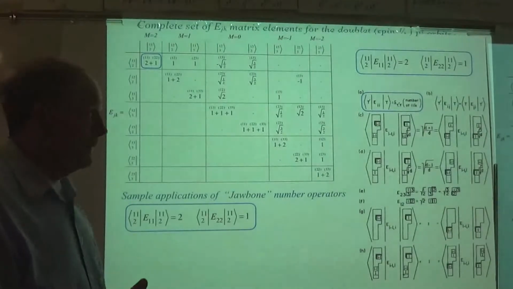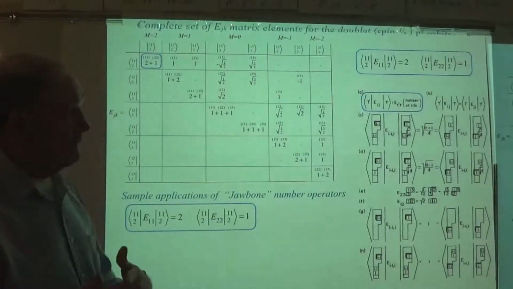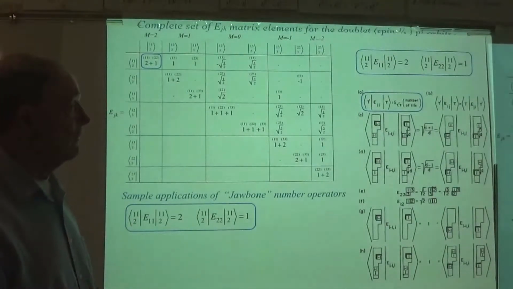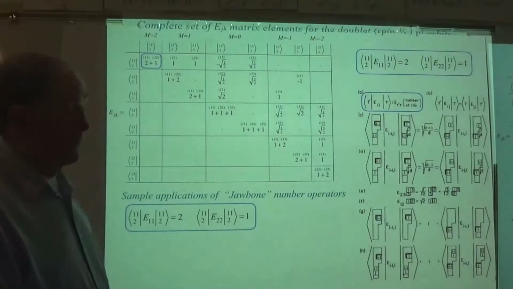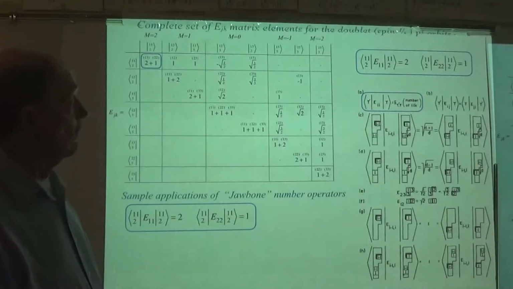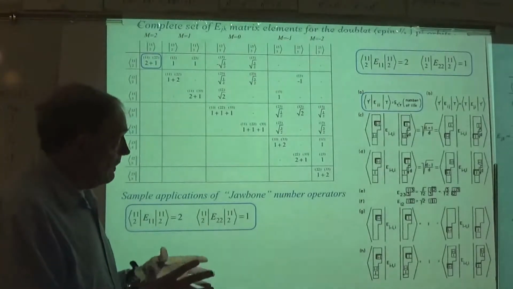dipole, quadrupole, 5 components, dipole, 3 components, and then of course as a scalar, that makes it a total of 9.